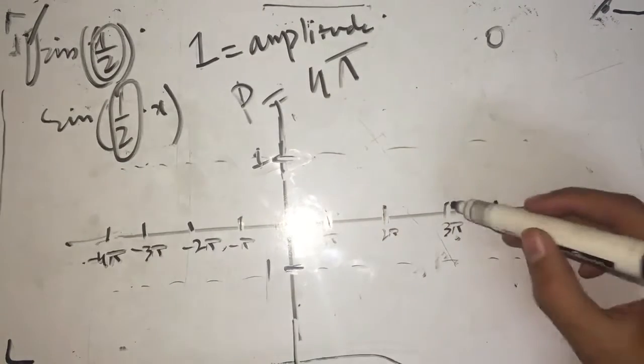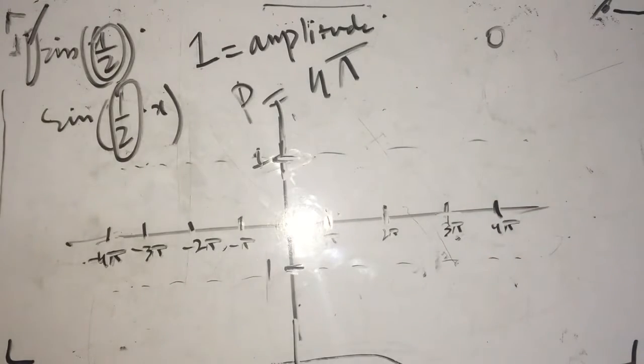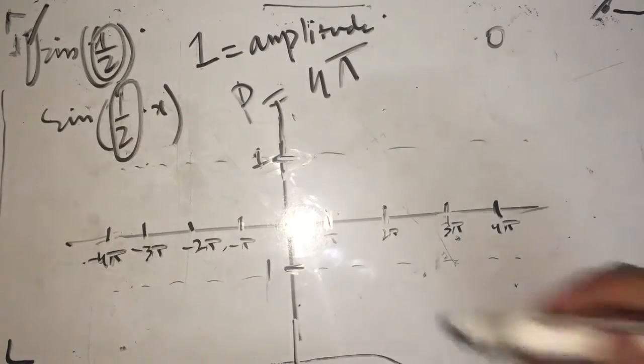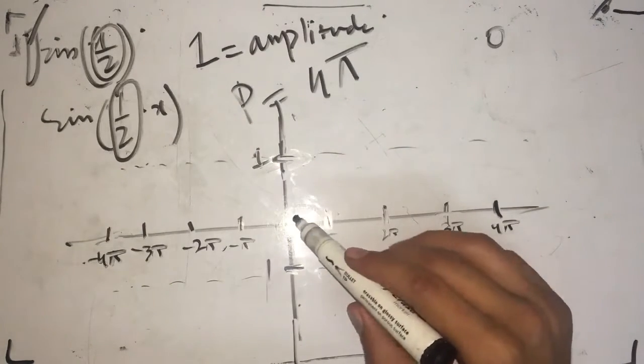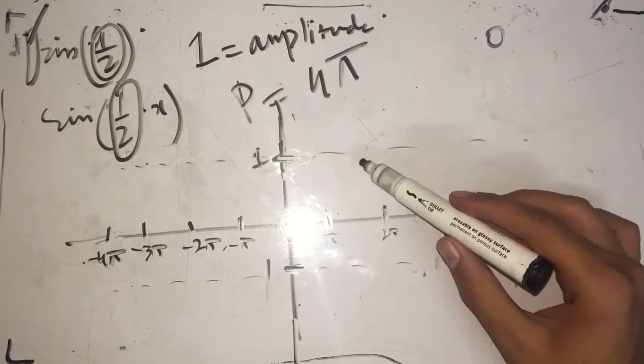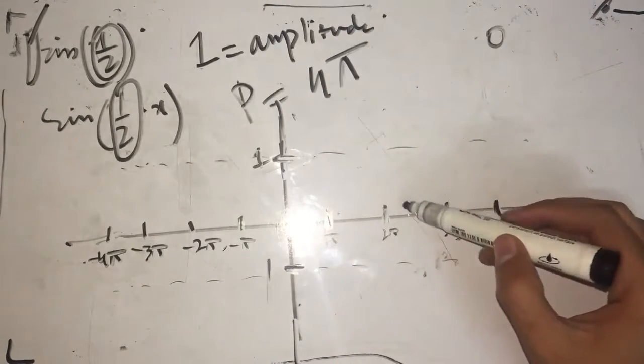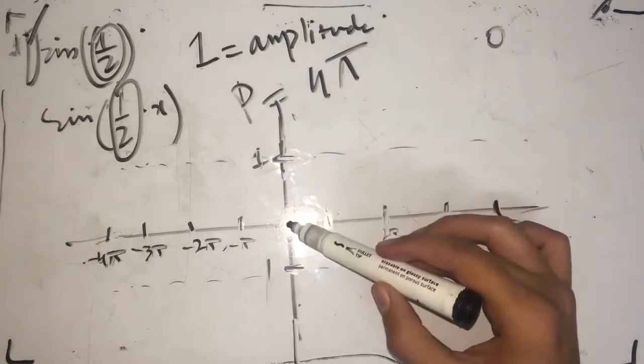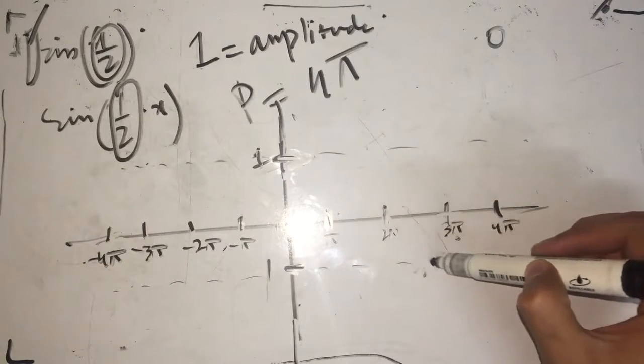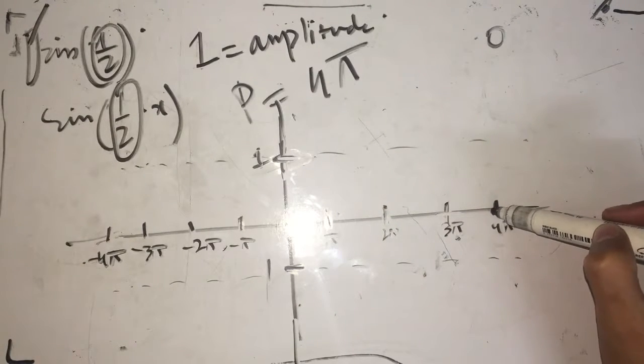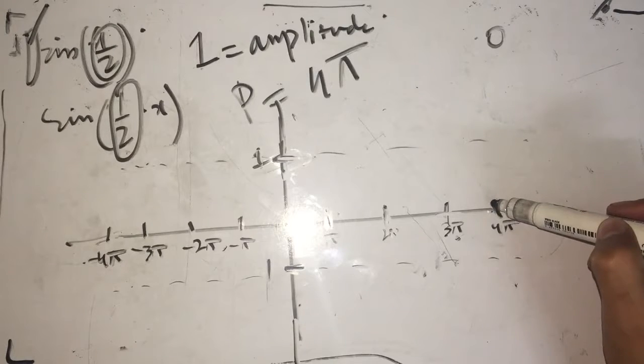Okay, it got me a little confused here. So we have the period of 4 pi. At 2 pi it's 0.